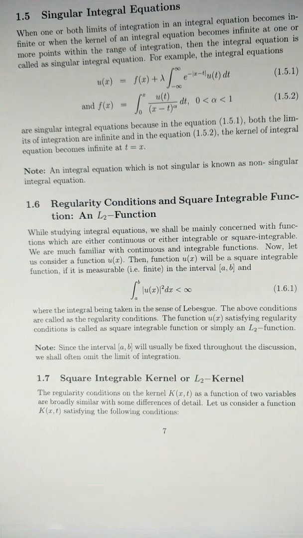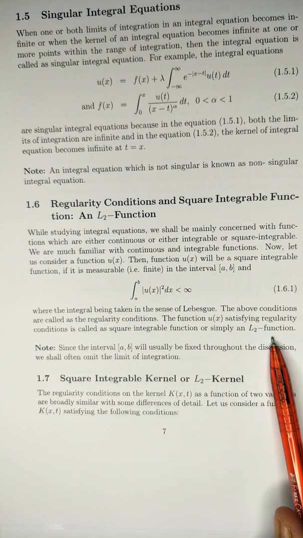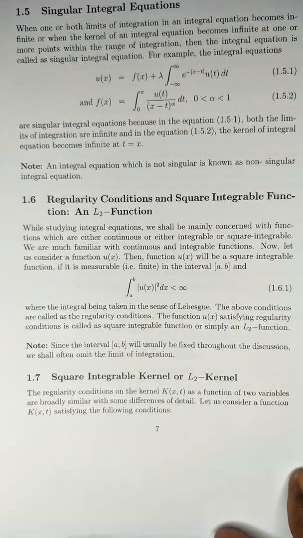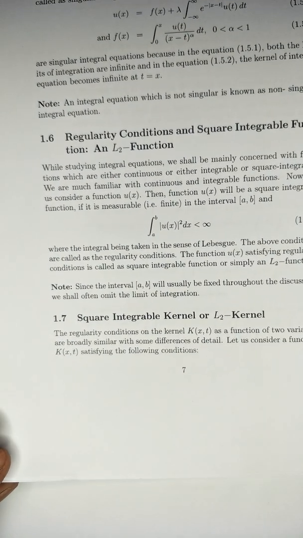So in the future, when I say f is an L2 function, or u is an L2 function, it means f or u must satisfy that condition. And the same thing with the kernel.